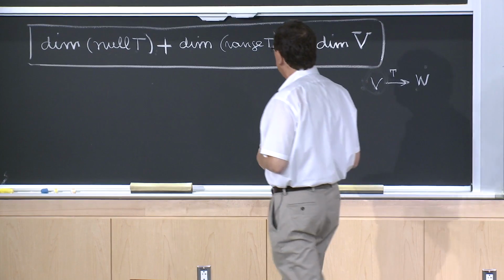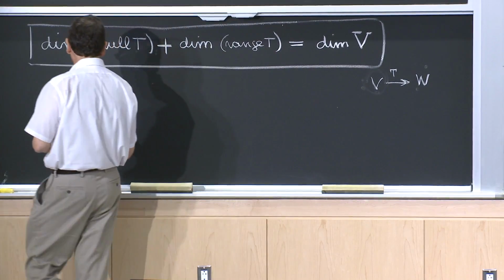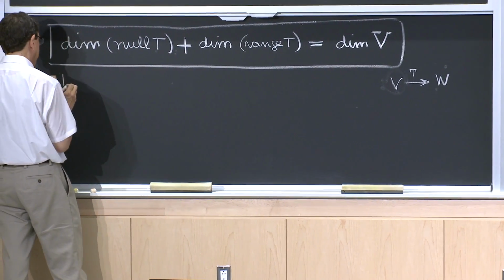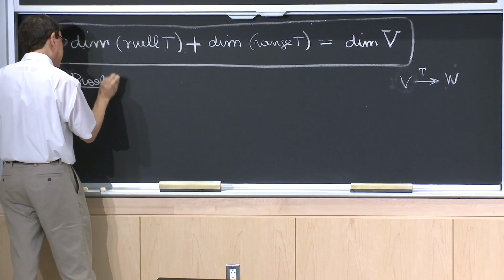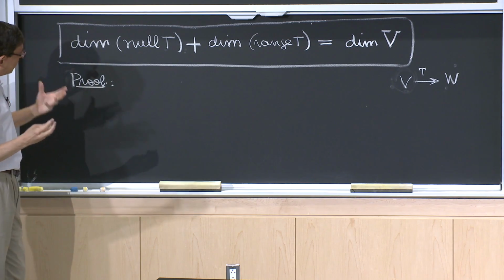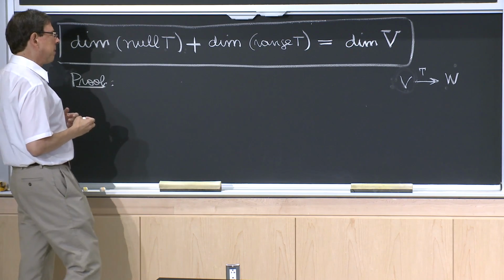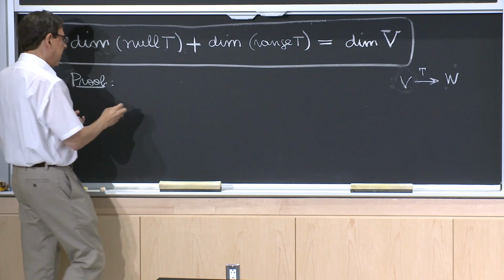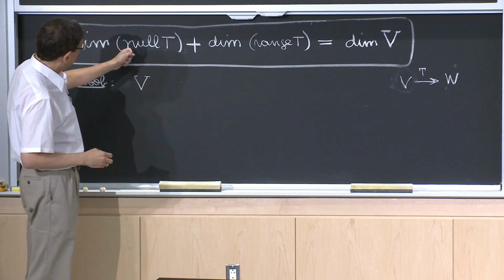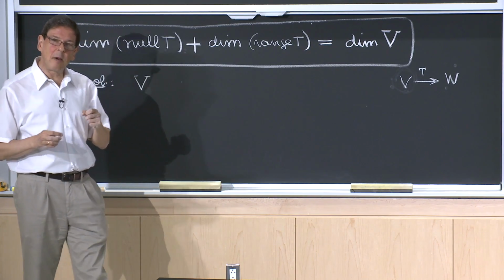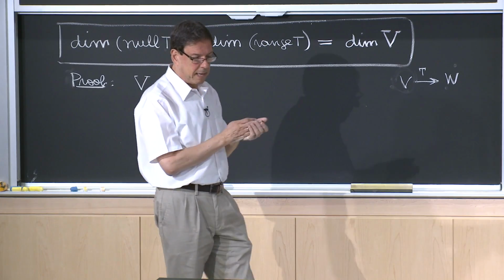Basically, what you would have to do is the following. You start with a sketch of a proof. I will not do it, but I think it's a good idea to just even imagine what needs to be done. Think of the vector space V and the null space. These are the vectors that are killed by the operator.